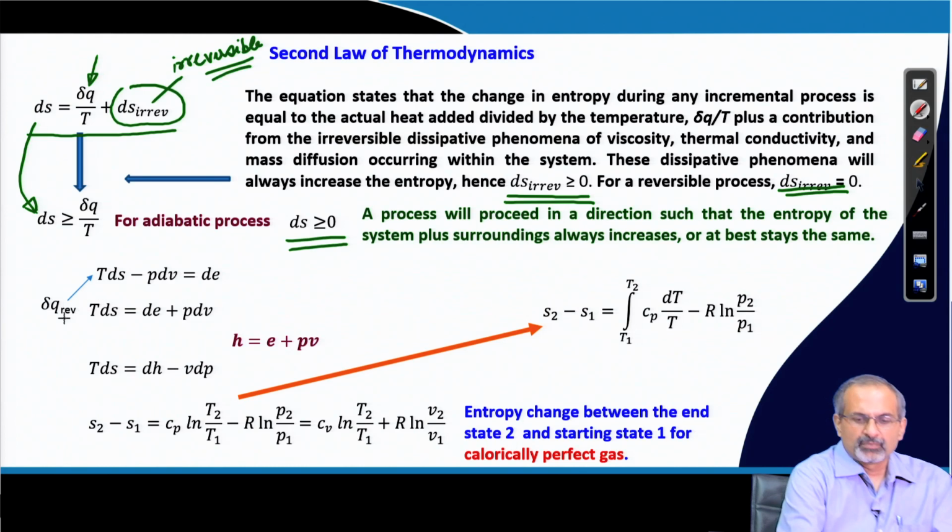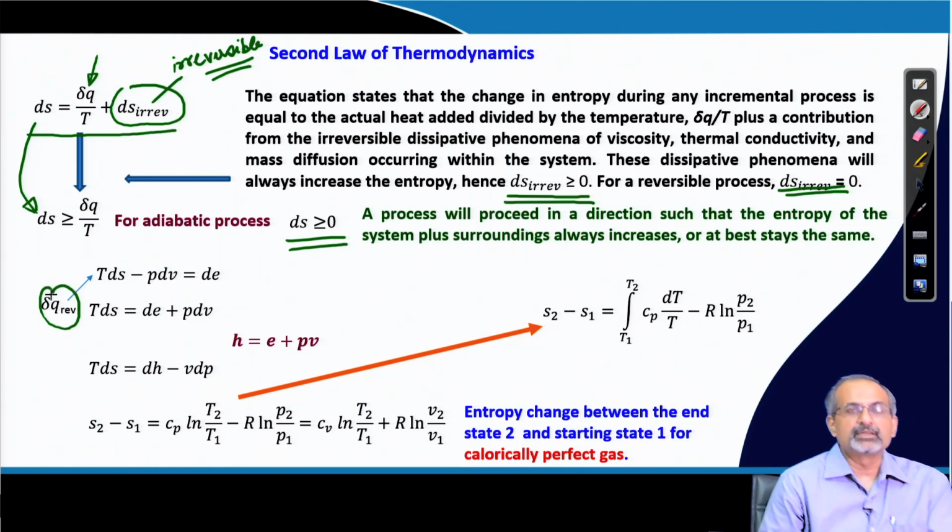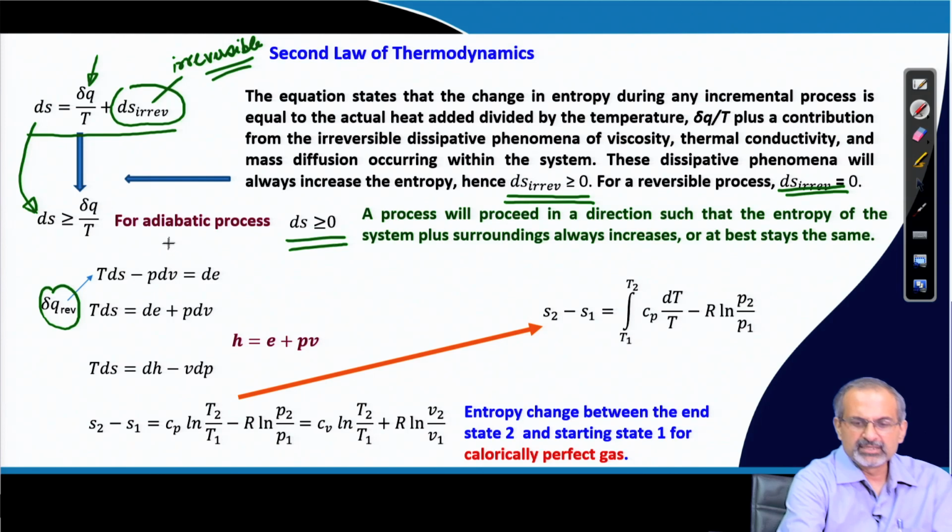When we put in the expression for the del q reversible, then it is T ds minus P dV, that is the reversible work that we were talking about, is equal to dE.